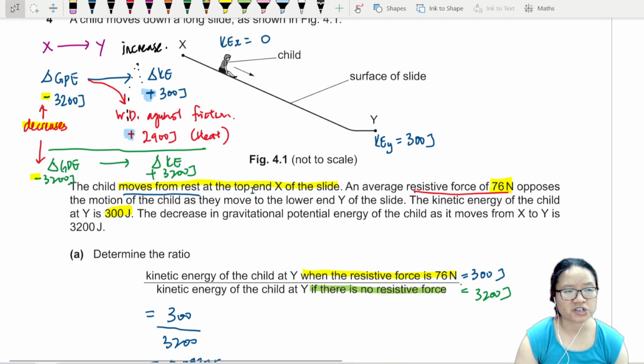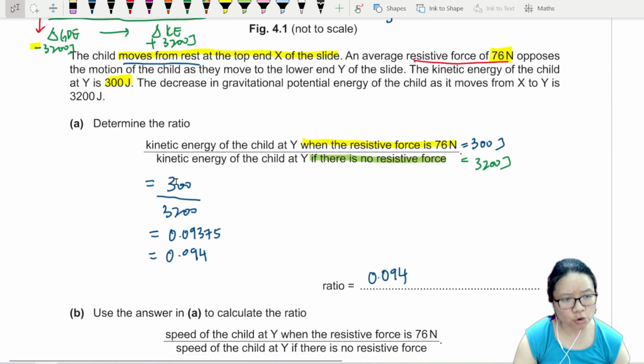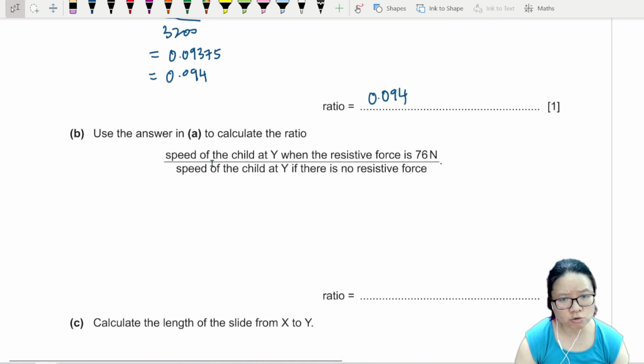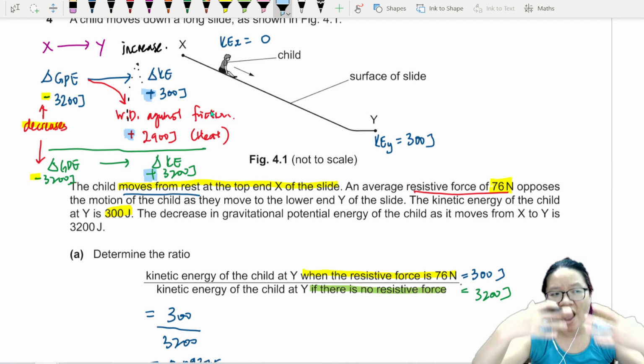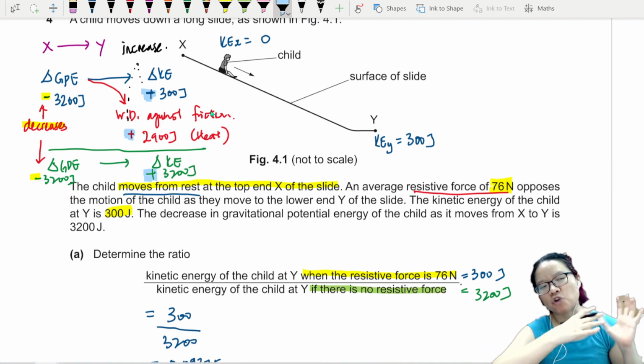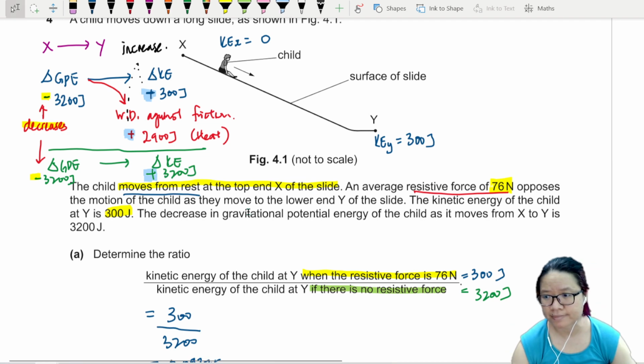Of course, you could just choose to say 3200 is 300 plus 2900. Also can. I just want to add the sign there to remind my brain. Decrease. Hello, brain. Don't mess up the question for me. Don't make me lose my marks, brain. GPE decrease, KE increase, heat increase, KE also increase. So be very aware of the energy flow from decrease in GPE to increase in KE.